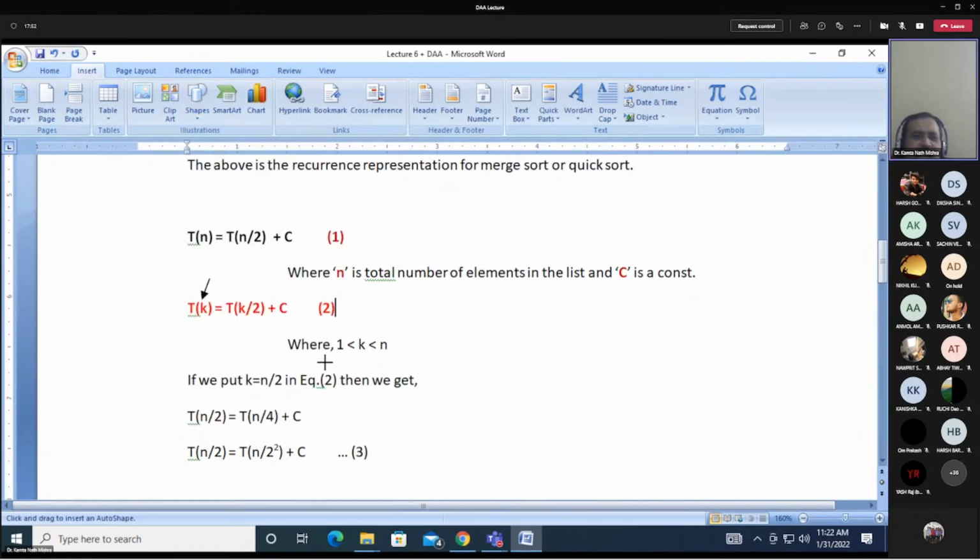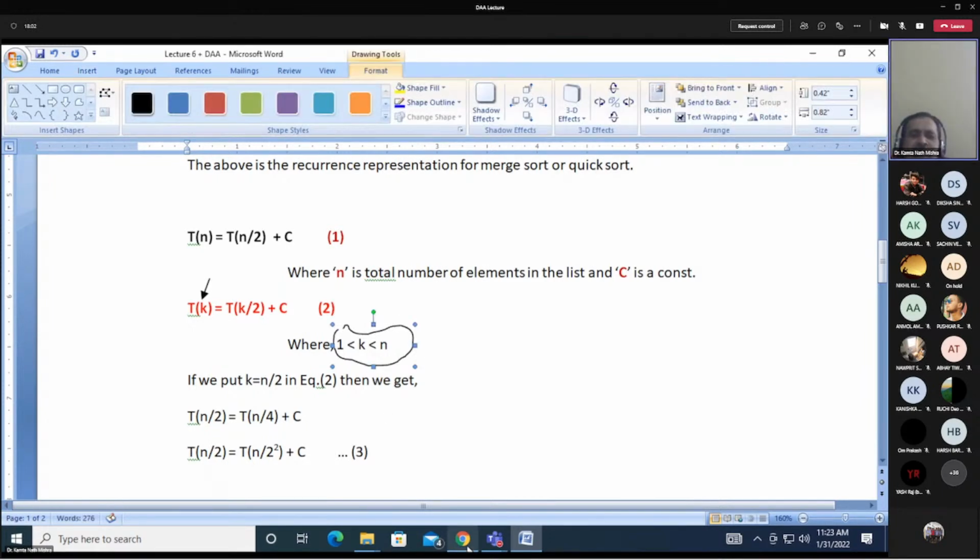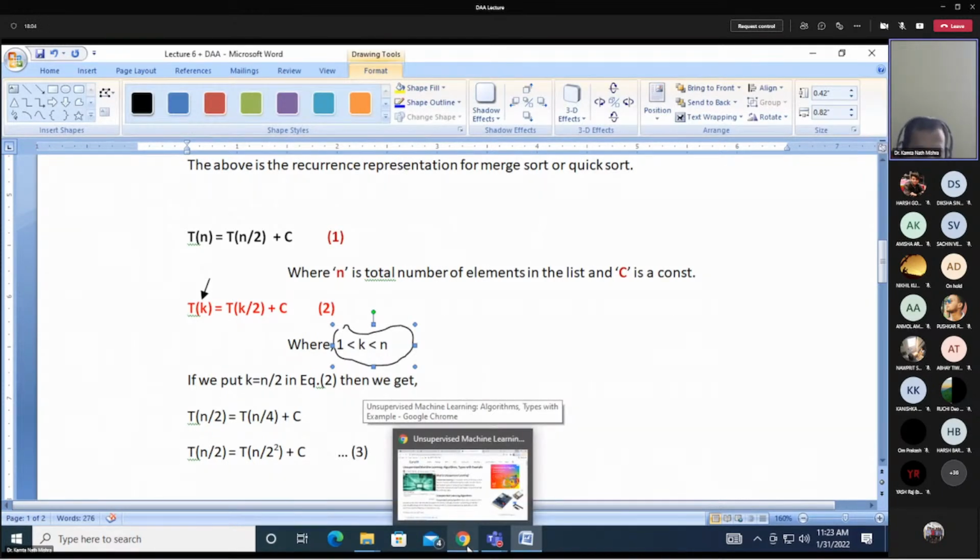K is greater than 1, and it is less than n.